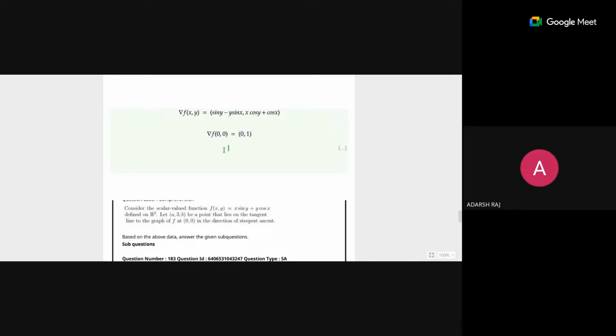So how to find the equation of the tangent line? We can use the parametric form for this: a comma f of a comma b, plus t times the direction vector, with components e1 and e2.